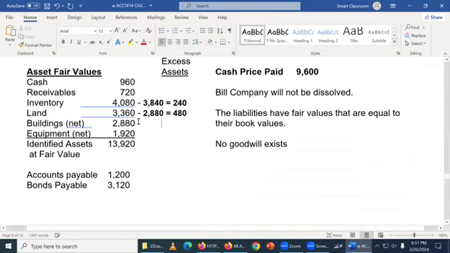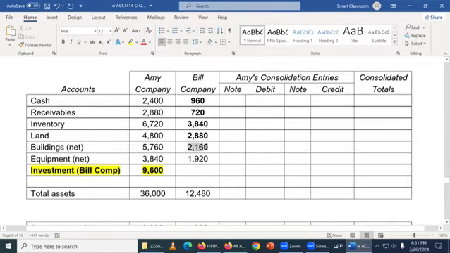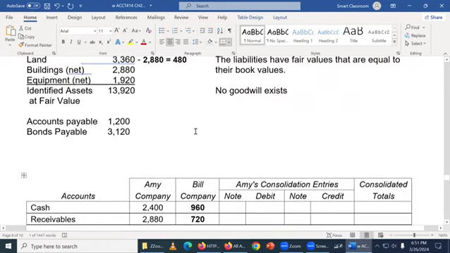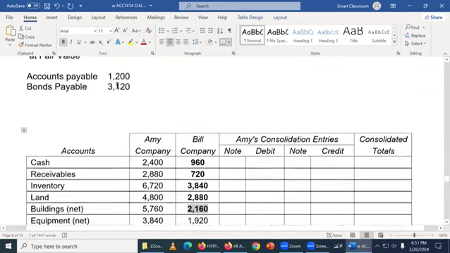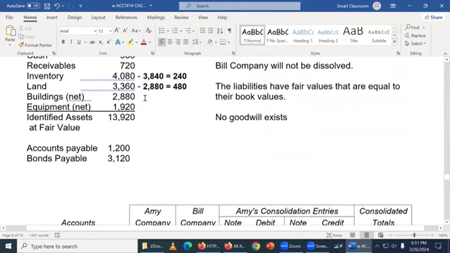Yes, and our building. $720. 720, thank you.